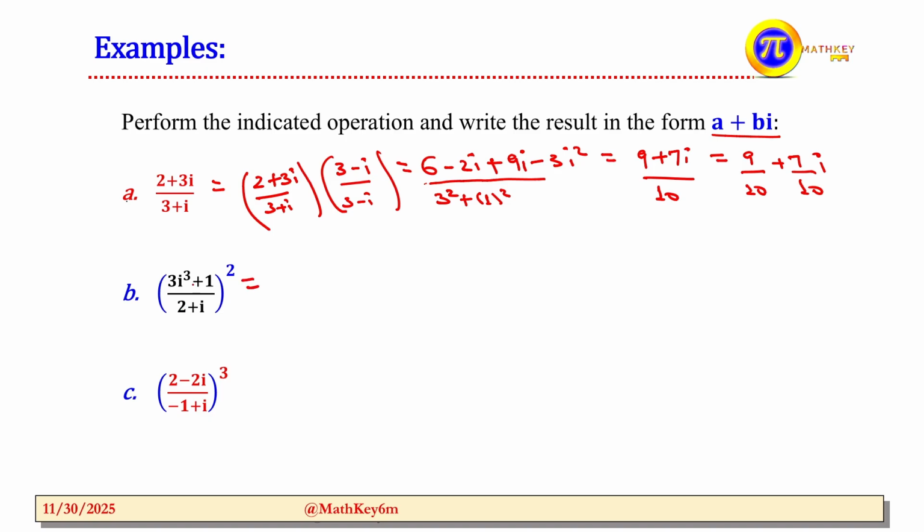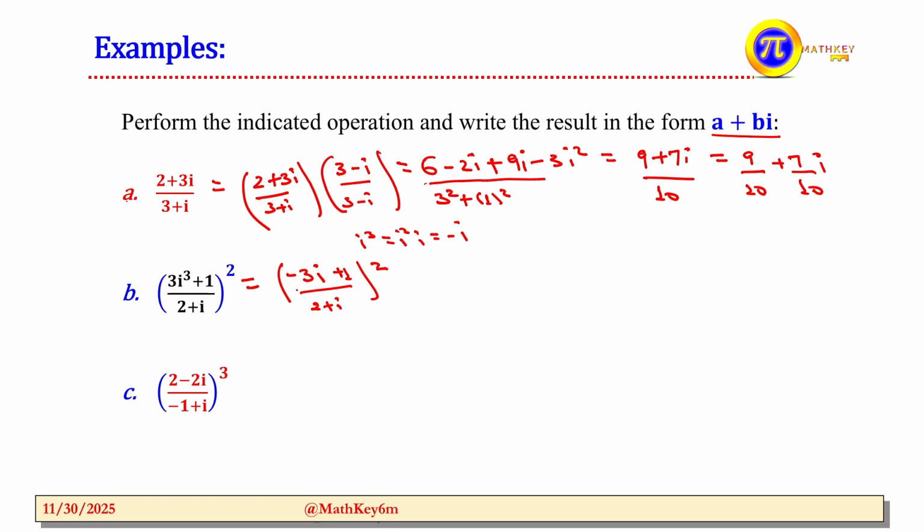3i cubed means, as we performed before, i squared times i, which is negative 3i plus 1. Since i cubed equals i squared times i, which equals negative i. Over 2 plus i, the whole then squared.